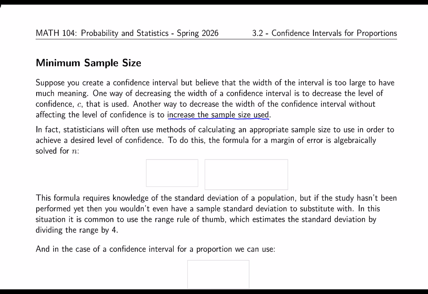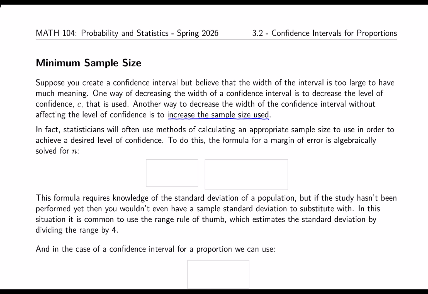And this is such an important thing that statisticians will often decide first what sample size is going to be appropriate to use for a study from the outset, so that they will achieve the results that they're looking for. They'll get the level of confidence that they want and have a width of a confidence interval that is sufficient to what they desire.